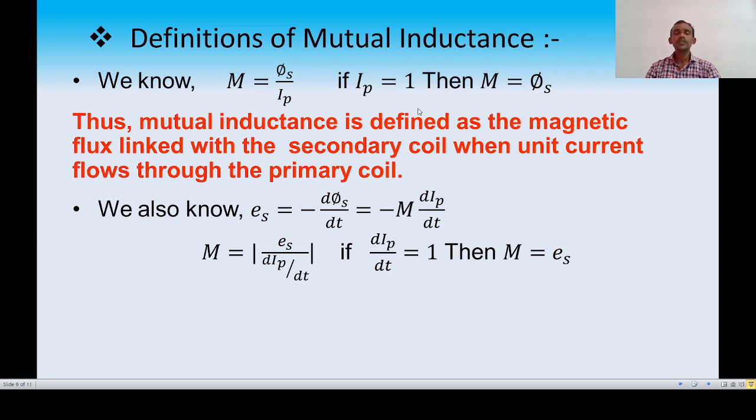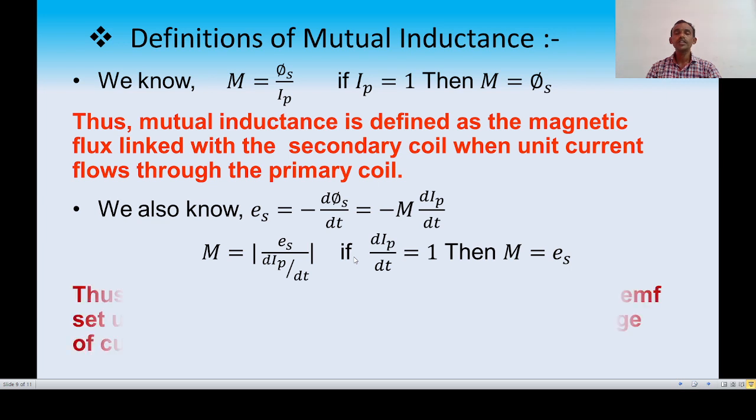If we consider dIP divided by dt, the rate of change of current flowing in the primary coil with respect to time, to be equal to 1, then M is equal to ES.